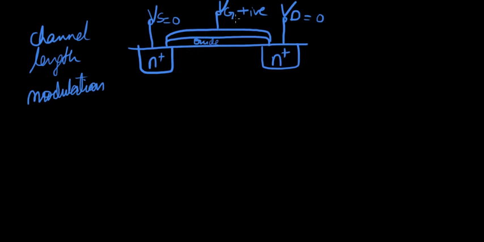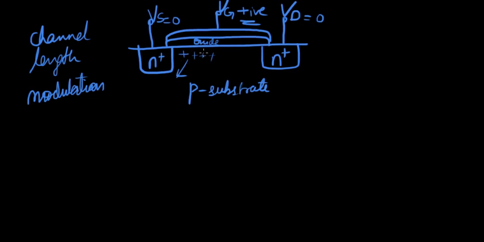What happens is, because of the positive voltage from the gate, and this being the P substrate, which is abundant with holes, the positive voltage at the gate tends to repel holes from this place.